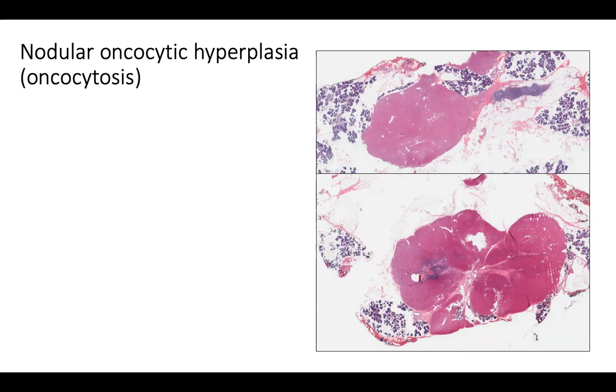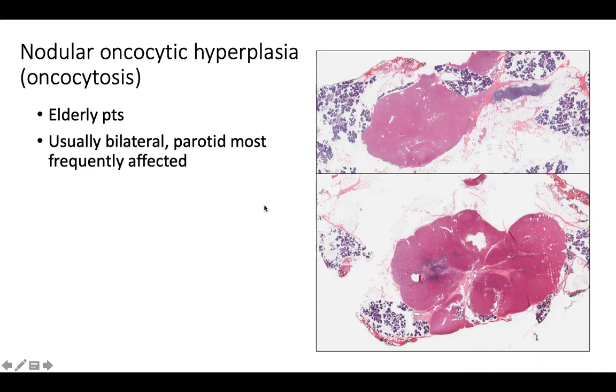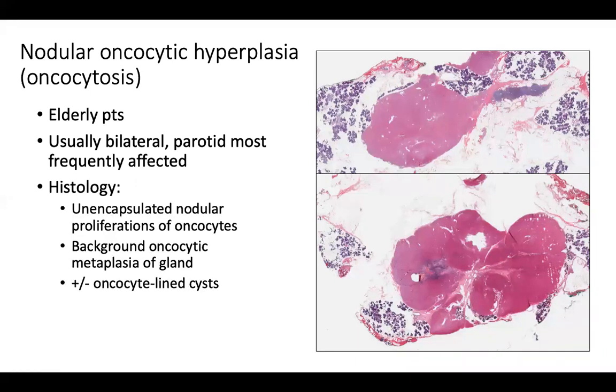But for whatever reason, there are some patients that tend to get these nodular proliferations of oncocytes. So they tend to be elderly patients, so usually in their 60s or 70s at the very least. And often it'll be bilateral, parotid most frequently, and it's unclear why that's the case.